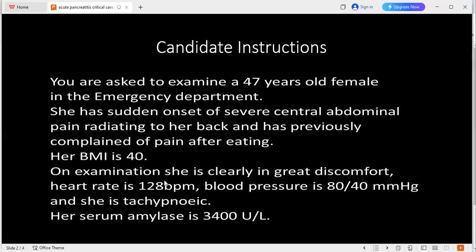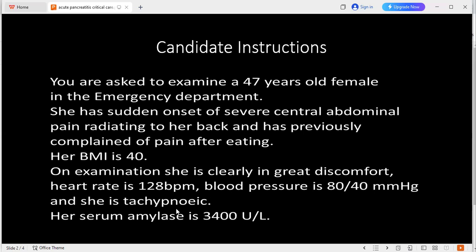This patient is tachypneic. Can you explain why? Tachypnea is due to abdominal pain and sympathetic overdrive.